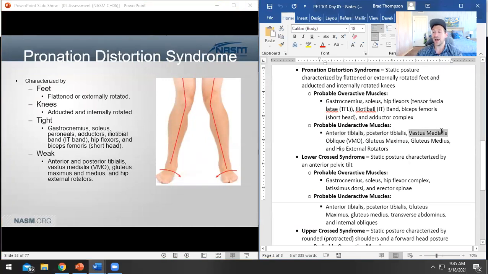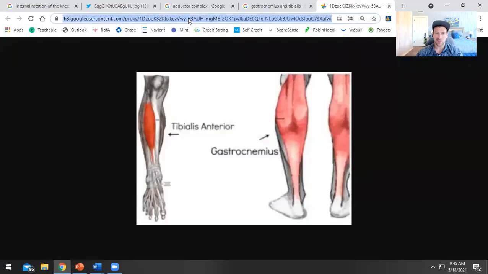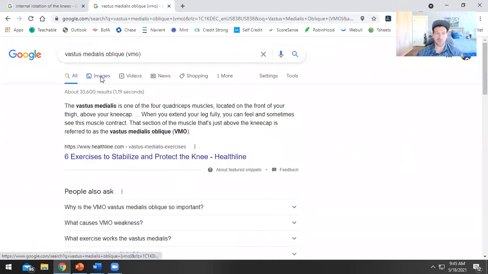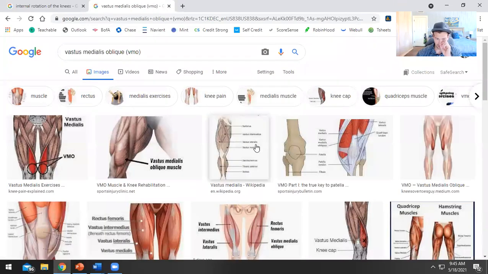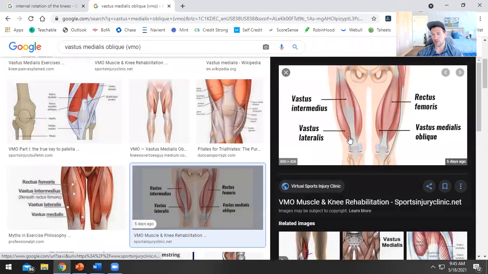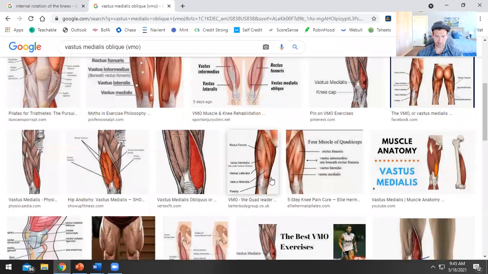We're going to see the vastus medialis oblique here. This is more commonly referred to as your VMO. And your VMO is a little quadriceps muscle, but it's on the exact opposite side as that biceps femoris short head, right? Remember, your VMO is this middle, let me get a better picture.